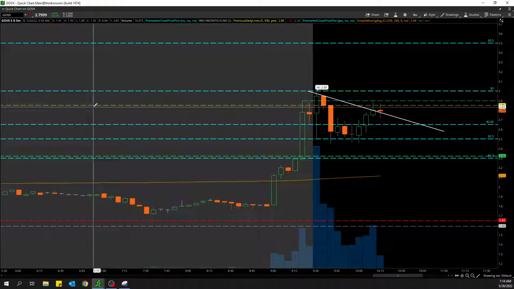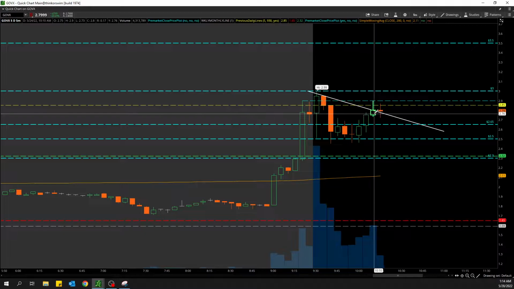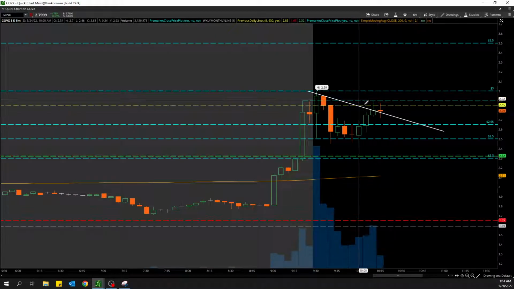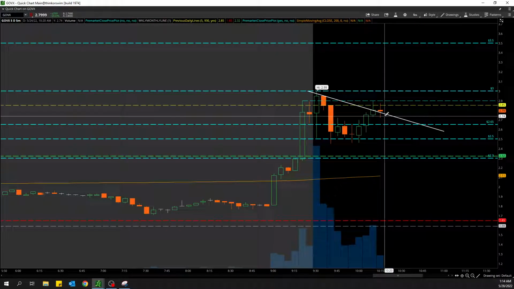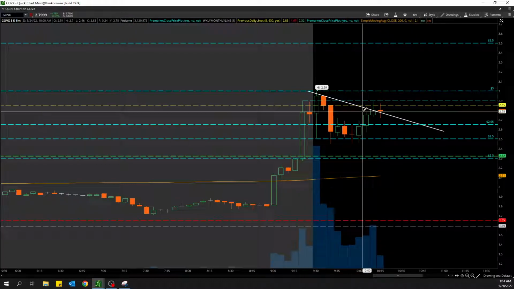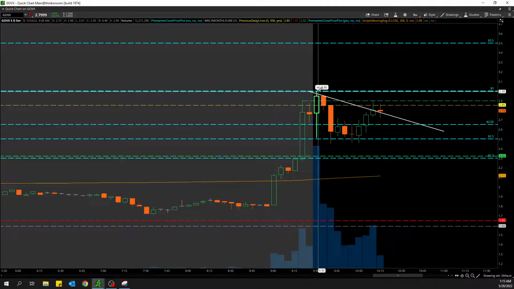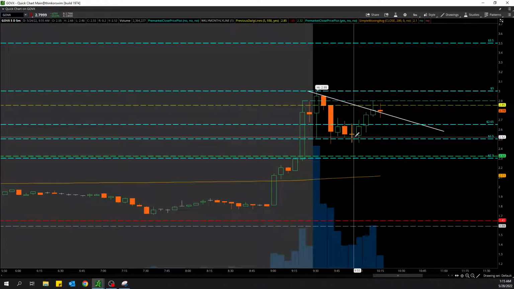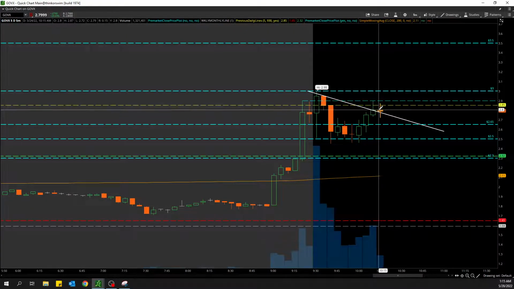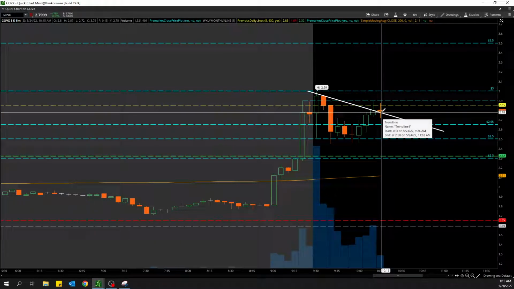All right, so now that we're at 10:15, 10:16 Eastern Standard, we noticed that the stock had popped up over and violated the trend. Remember, it was in a downtrend. It came back up. A lot of times you want to see the stock come back up to the trend line, see how it's going to react, and then make your decision.